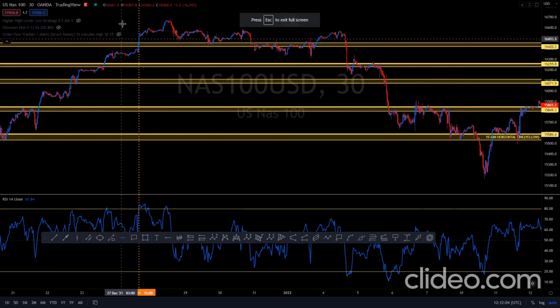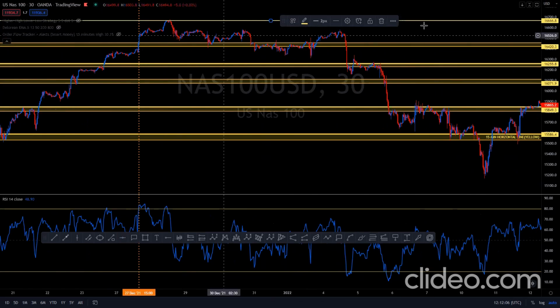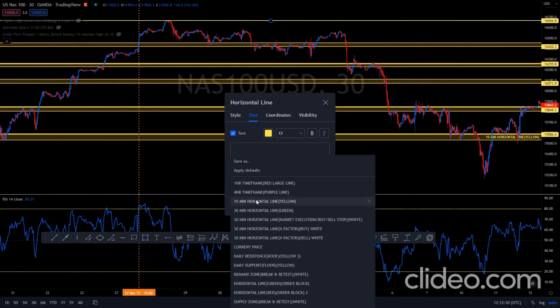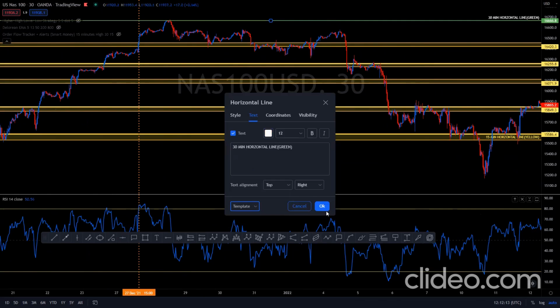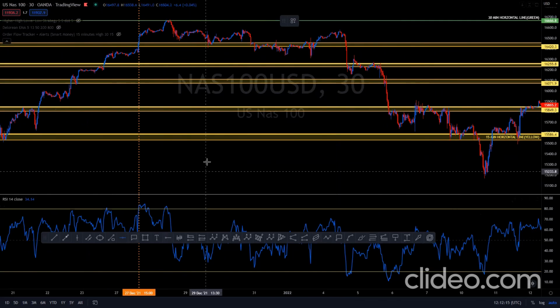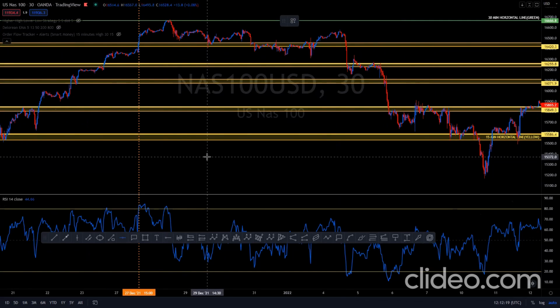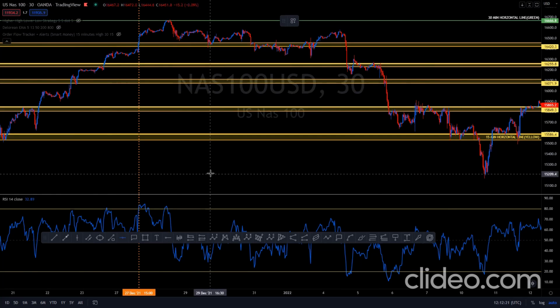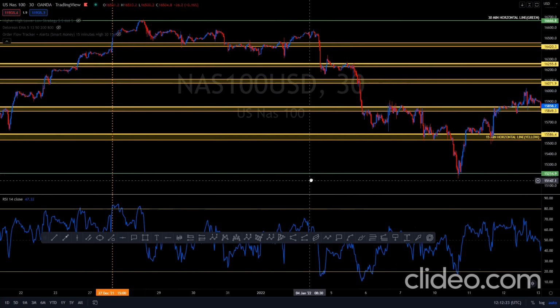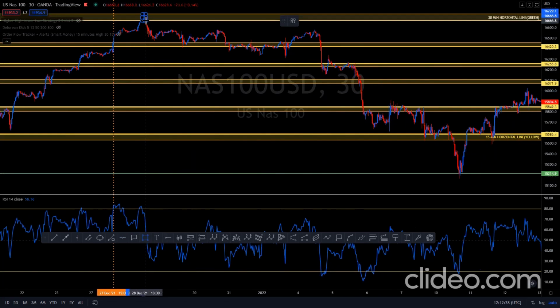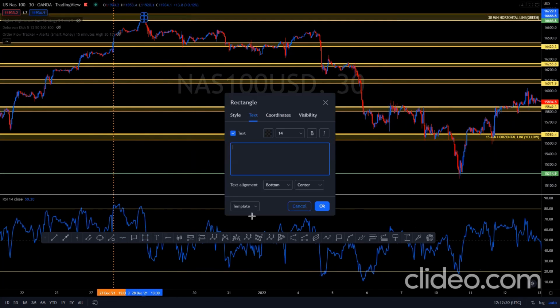And then I'm going to mark up this area up here. I'm going to make this green for the 30-minute. Yeah, right here. And then now I'm going to mark up my horizontal line. Here, I'm going to make it green.